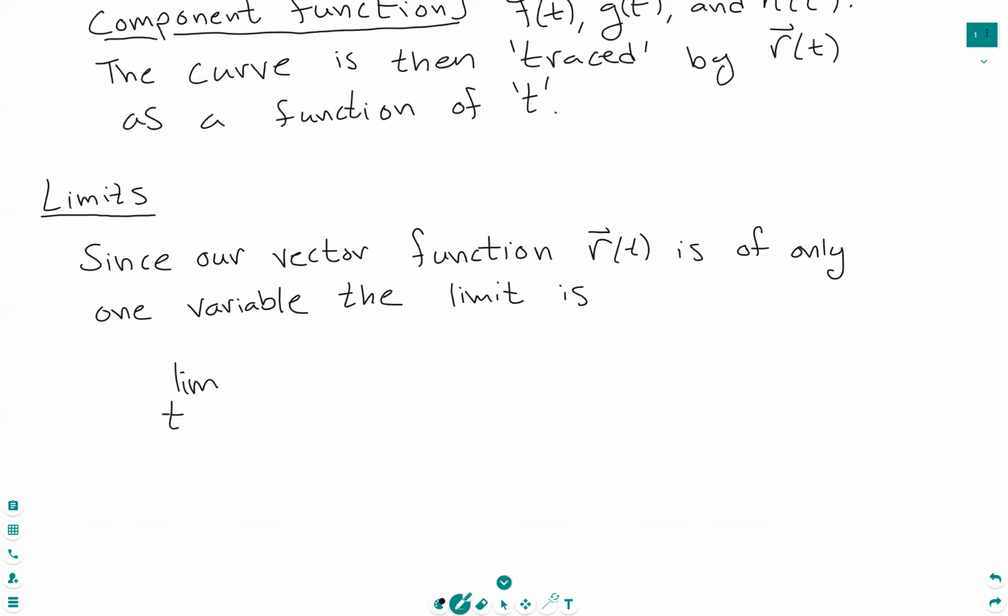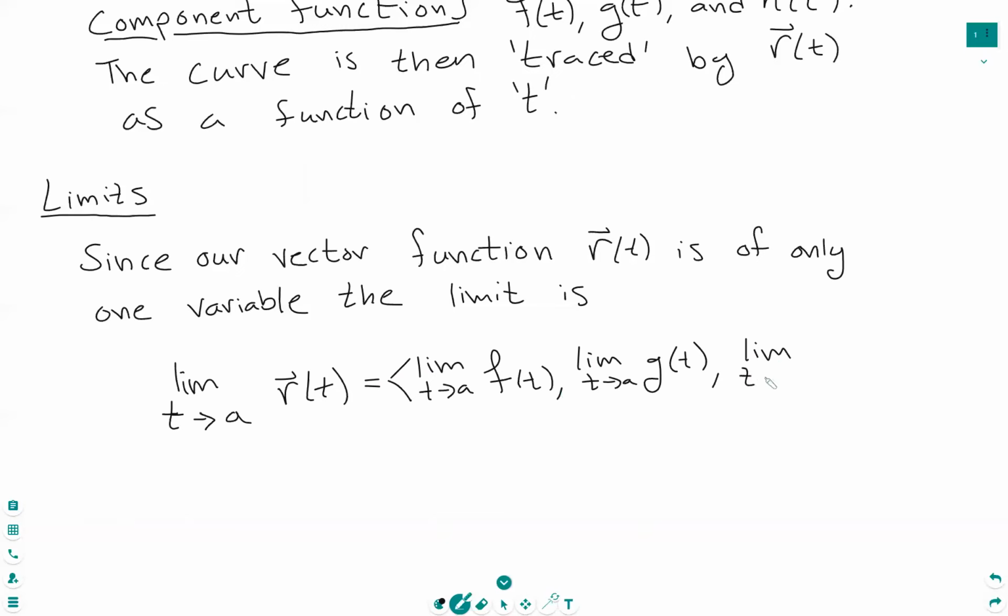The limit as t goes to some value a of r of t is equal to the limit as t goes to a of f of t, the limit as t goes to a of g of t, and the limit as t goes to a of h of t.